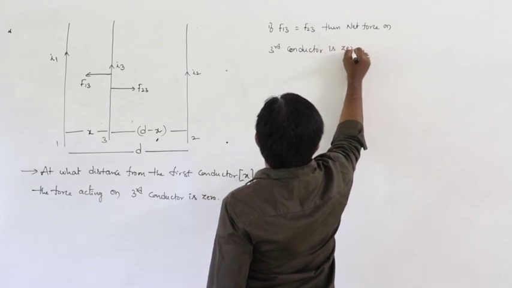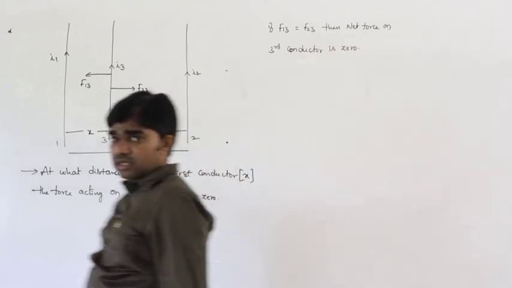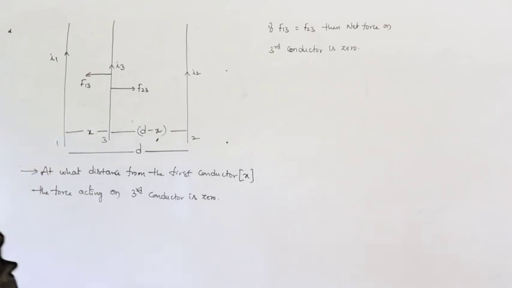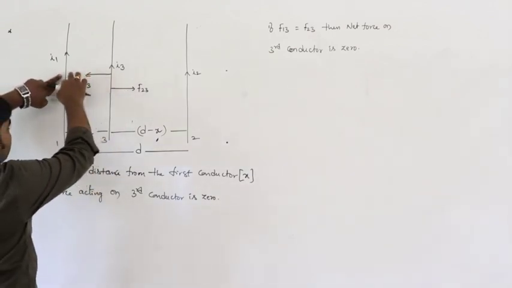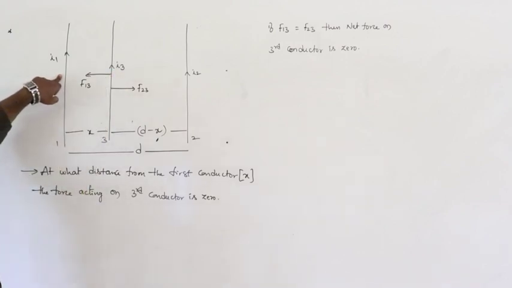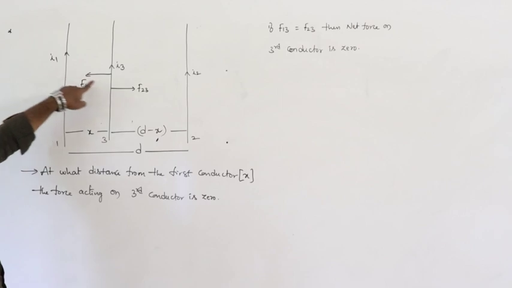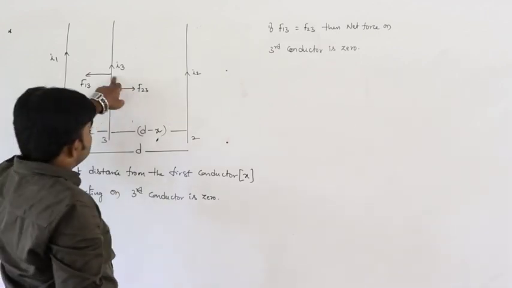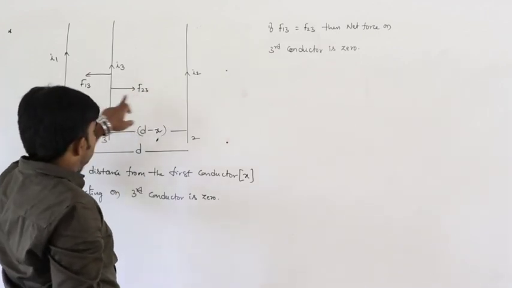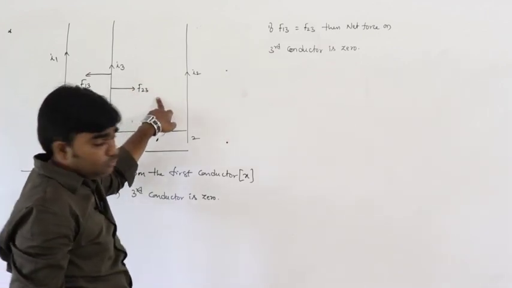Because I1 and I3 act in the same direction, I1 attracts I3 with force F13. I2 and I3 are in the same direction, so this one attracts in this direction with F23.